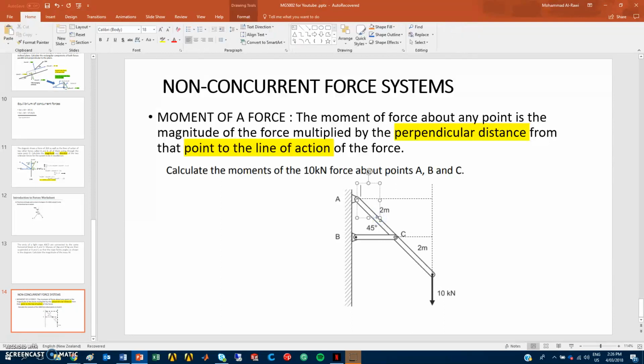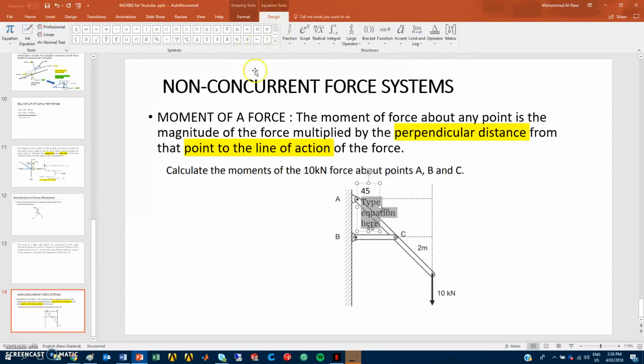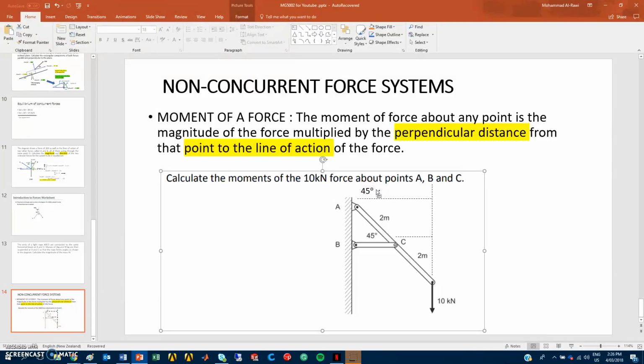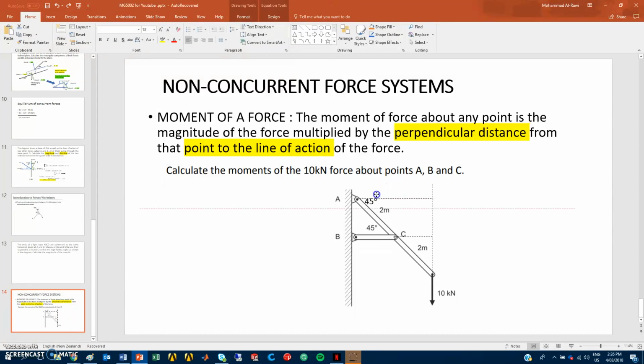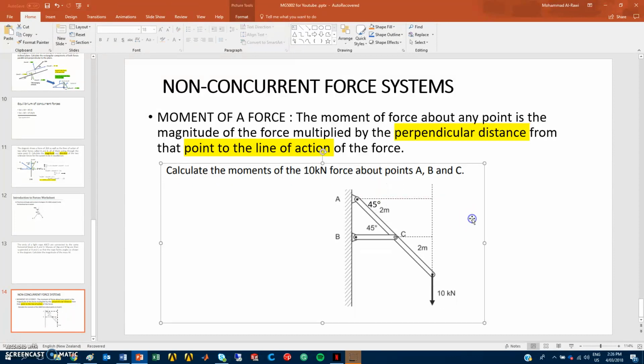If we say this is 45, then this is my 45 degrees, right? Now, if this is 45 and this is going with an angle of 90, technically this is also 45, but at the moment we don't have any issues. We know that the length of all of this is 2 plus 2, which is 4 meters.